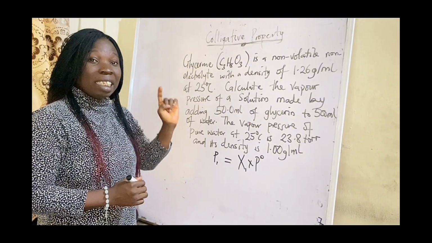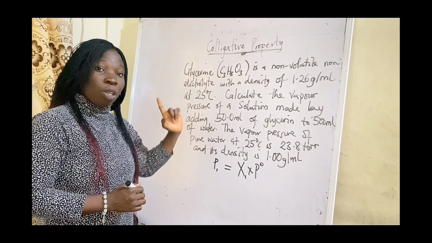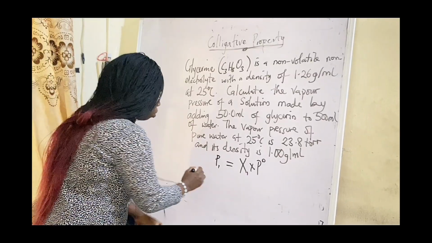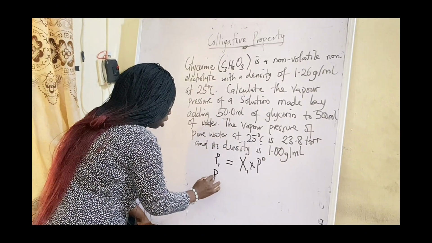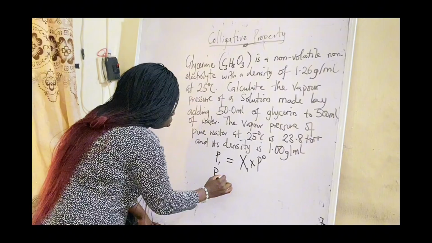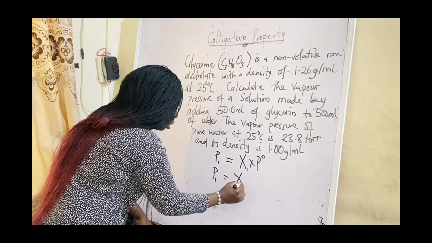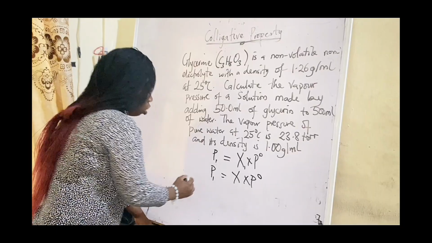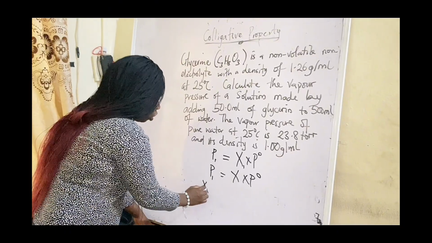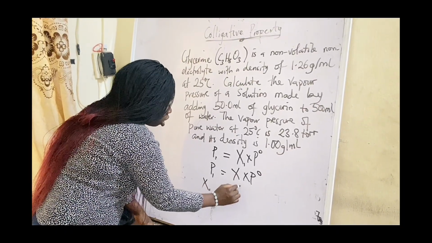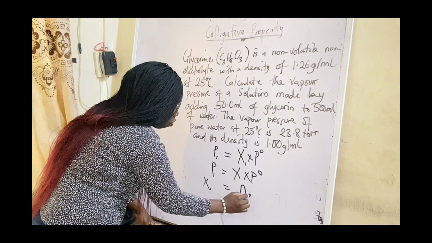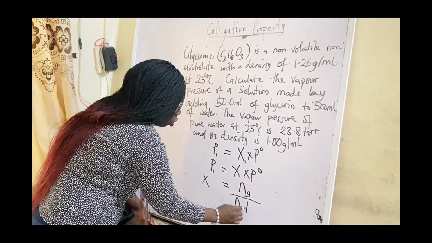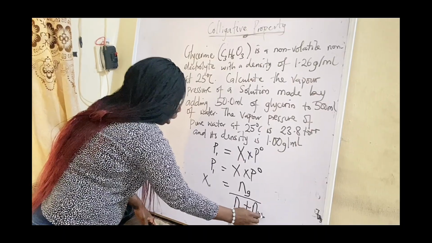So because glycerin is added to water, glycerin is the solute and water is the solvent. Therefore, we simply say that P1 will be equal to X times P degree. So X, which is the mole fraction, becomes the number of moles of glycerin over the number of moles of glycerin plus the number of moles of water.